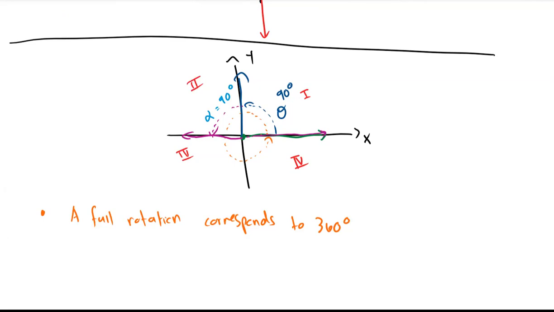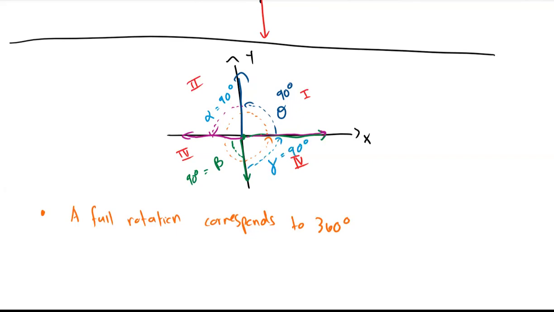This angle, let's call it beta, is also 90 degrees. And the same if I go from the negative y-axis as the initial side all the way back to the positive x-axis. Call this angle alpha; this is obviously again 90 degrees.